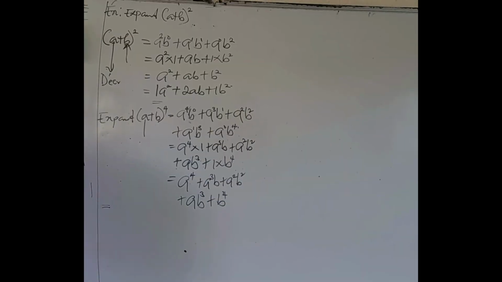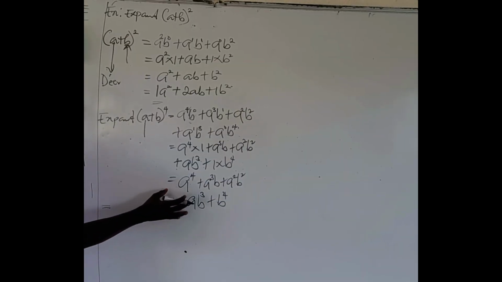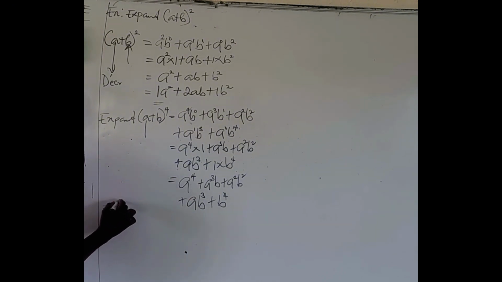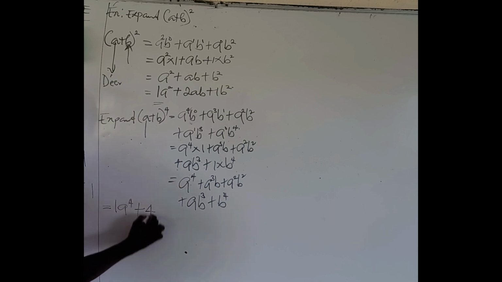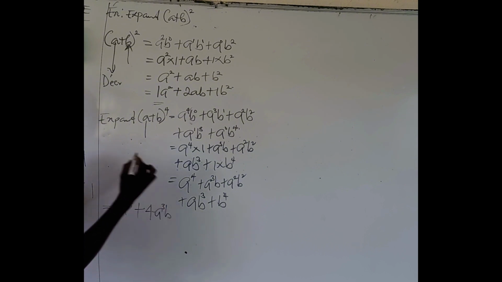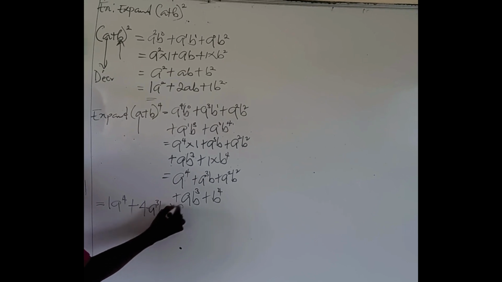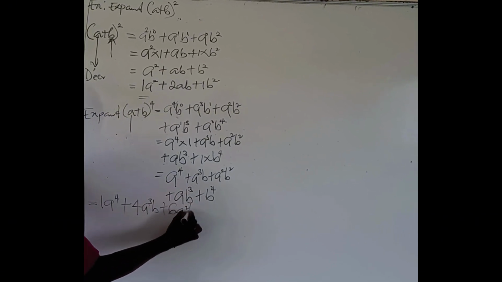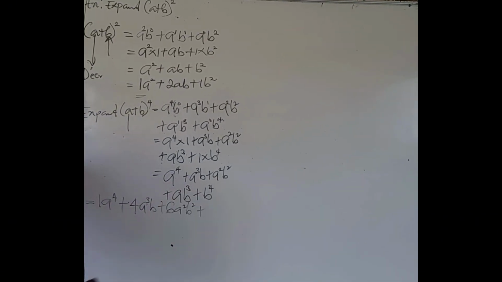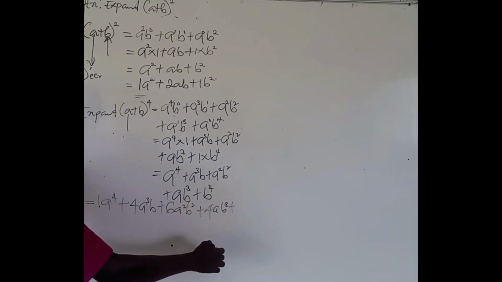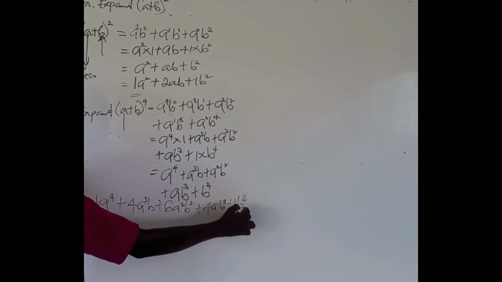So we can now say that our answer is going to be, don't forget that the first term is going to be what? 1. So that is 1 A raised to power 4 plus the second term is going to be what? 4A cube B. So the third term is going to be 6 A squared B raised to power 2. And the fourth term is going to be what? 4A B raised to power 3 plus the last term, which is 1B raised to power 4.